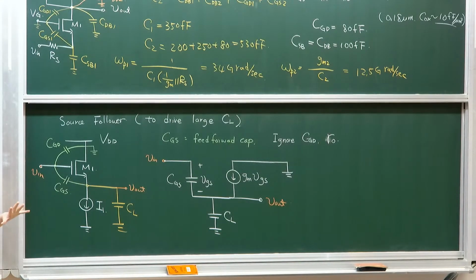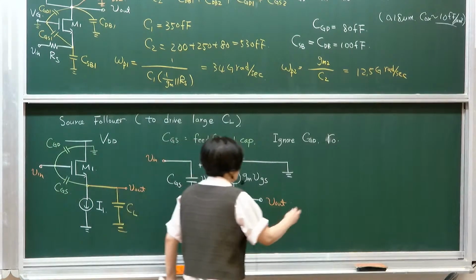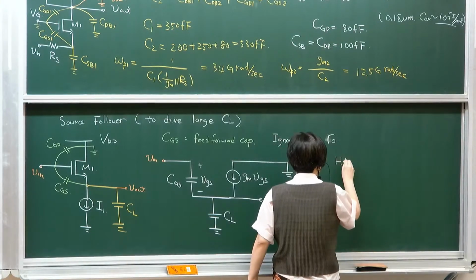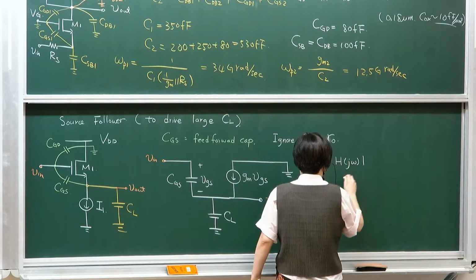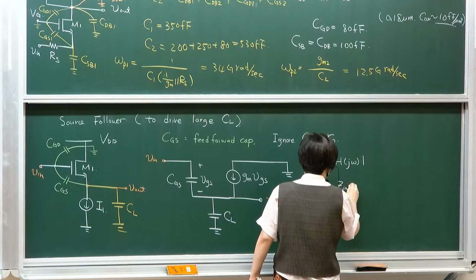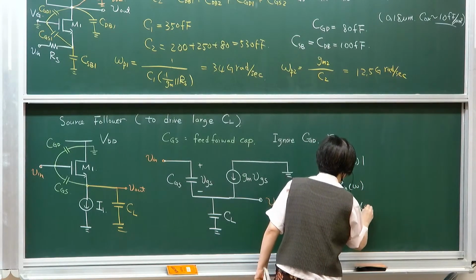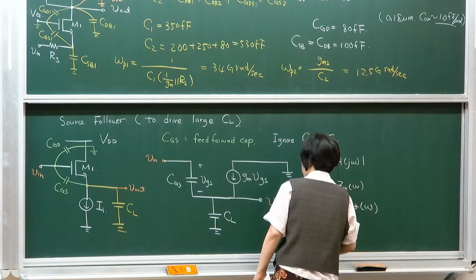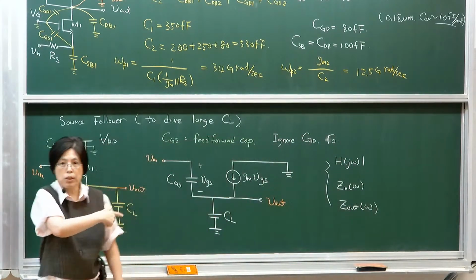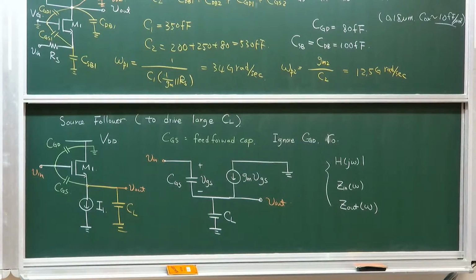Both the gain transfer function, we're going to find out three important things: one, transfer function, input impedance, output impedance. All of them are a function of frequency. So these are the three things we need to construct once we analyze a single-stage amplifier in the frequency domain, its response in the frequency domain.